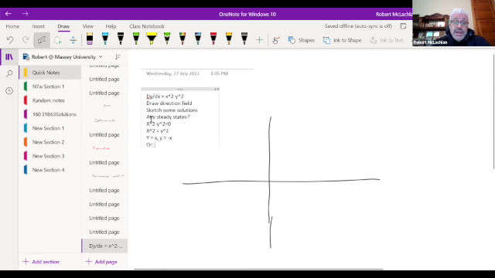Or you could have factored that and said x squared minus y squared is x minus y times x plus y, and then the two solutions would be y equals x and y equals minus x. So those are both straight lines, the line y equals x and the line y equals minus x.